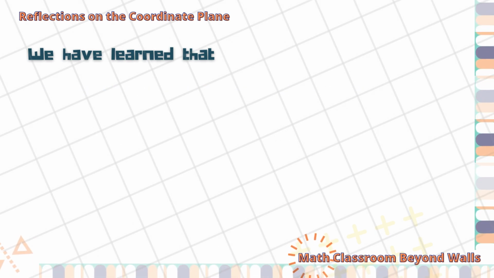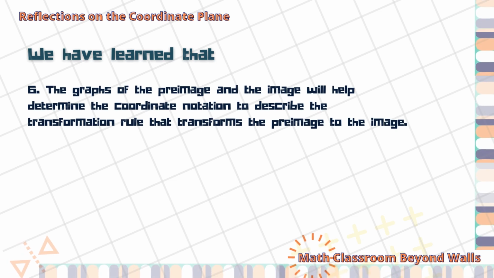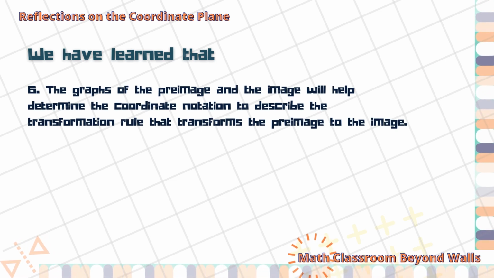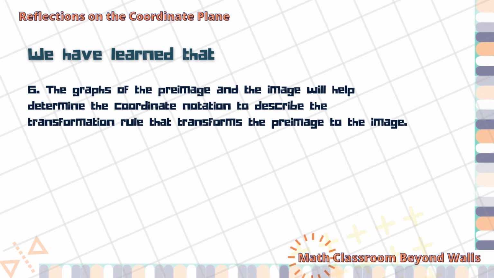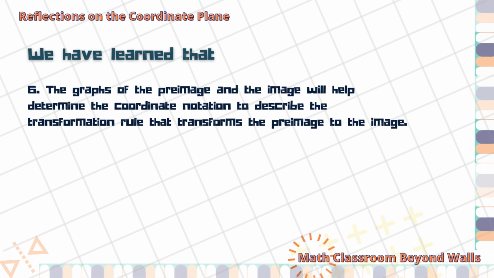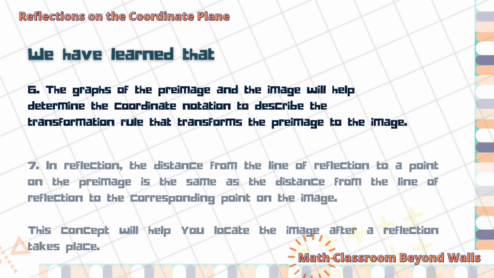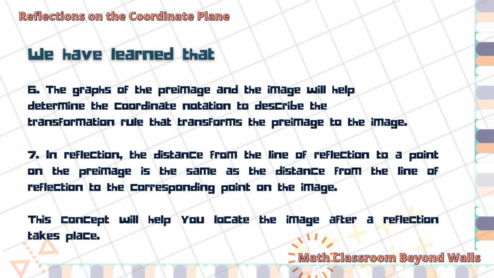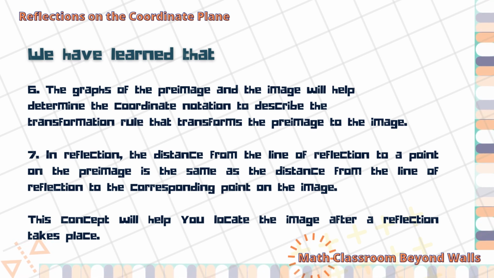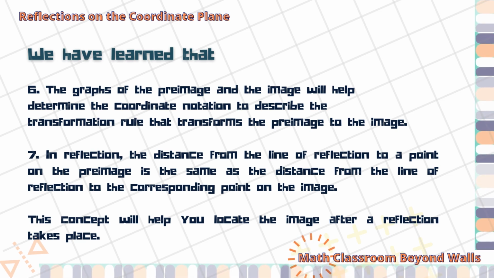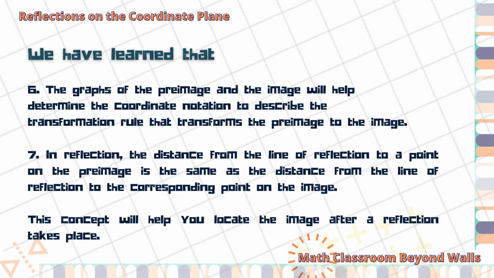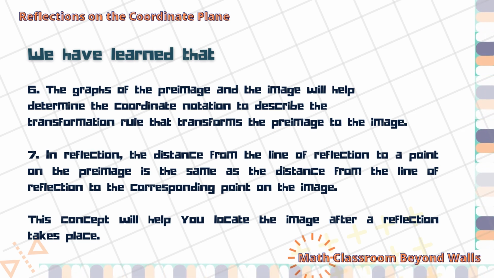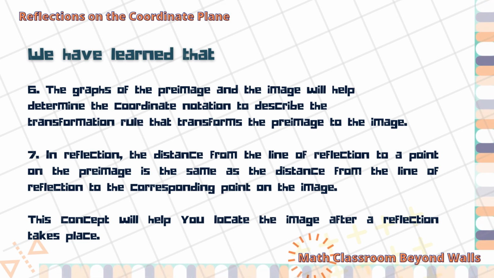Sixth, the graph of the preimage and the image will help determine the coordinate notation to describe the transformation rule that transforms the preimage to the image. Seventh, in reflection, the distance from the line of reflection to a point on the preimage is the same as the distance from the line of reflection to the corresponding point on the image. This concept will help you locate the image after a reflection takes place.